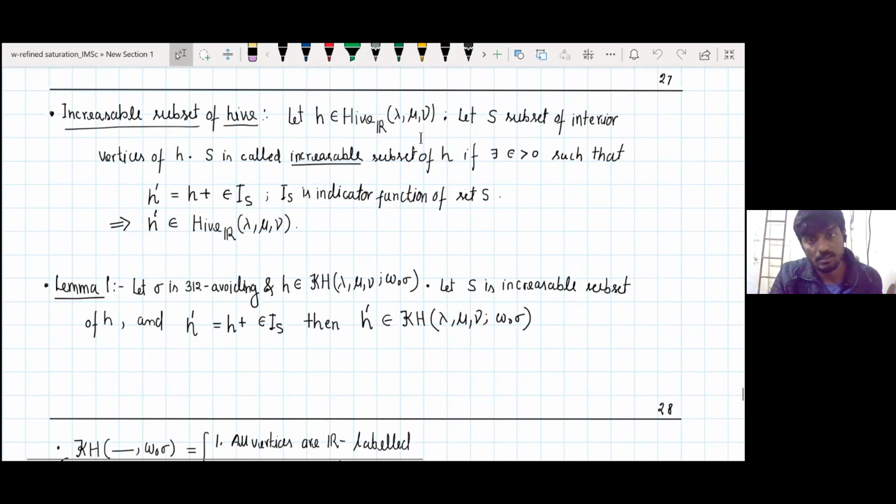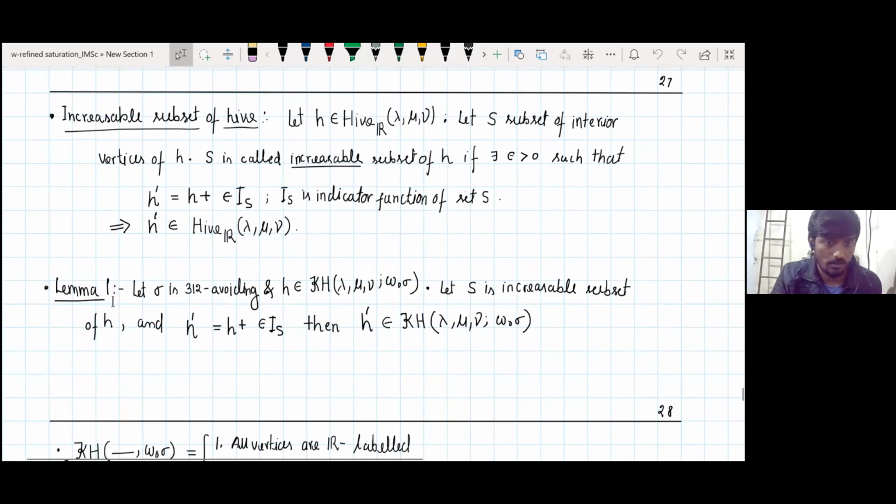If you have a hive H in the hive polytope and S is a subset of interior vertices of this hive, then S is called an increasable subset of H if there exists some positive real number epsilon such that adding epsilon times the indicator function of S to H is still a hive, satisfying all three rhombus inequalities.